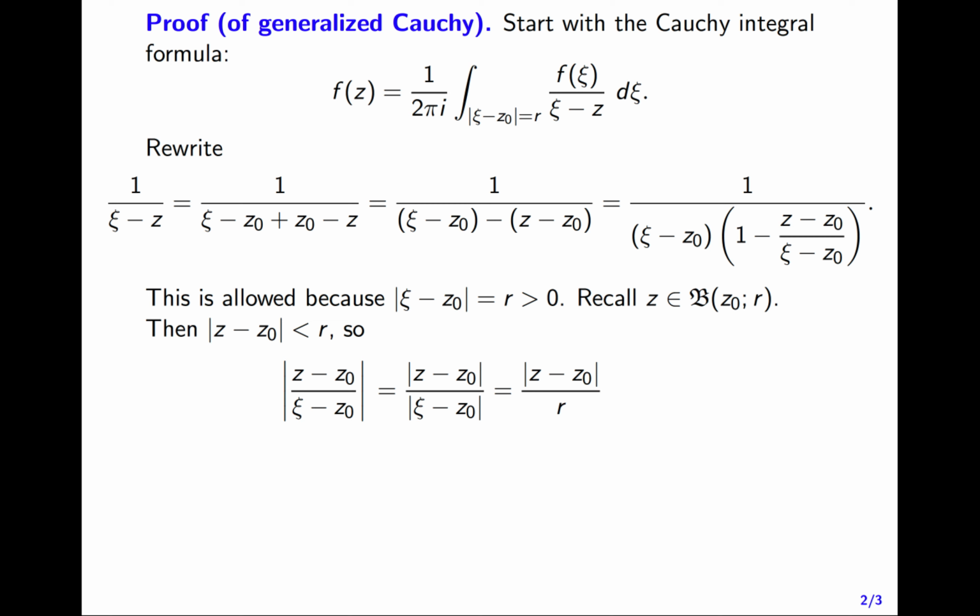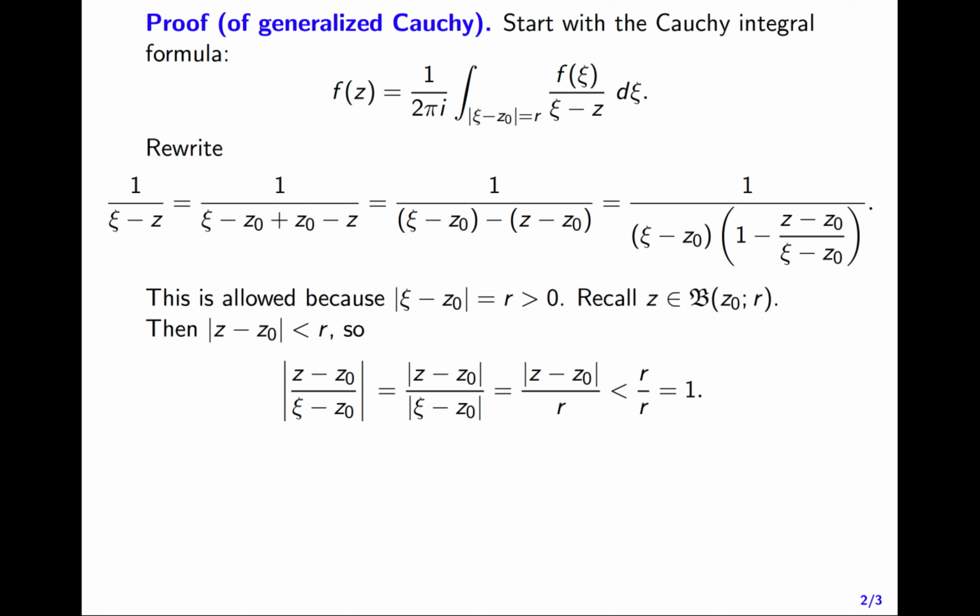Now, what's the modulus of the denominator? The modulus of ζ minus z0 is r. And how about the numerator, the modulus of z minus z0? Well, that numerator is less than r. So the modulus of the quotient is ultimately strictly less than r divided by r, which is equal to 1.